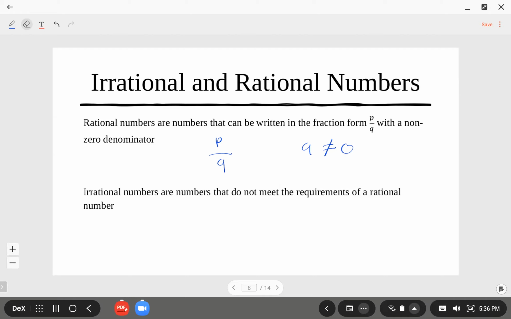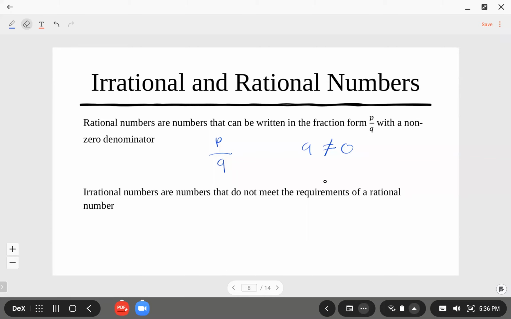Now you might ask why. Pi is a decimal that goes on forever, right? And 0.16 with a repeating sign over the 6 is also a repeating decimal that goes on forever, right? So why is it a rational number?